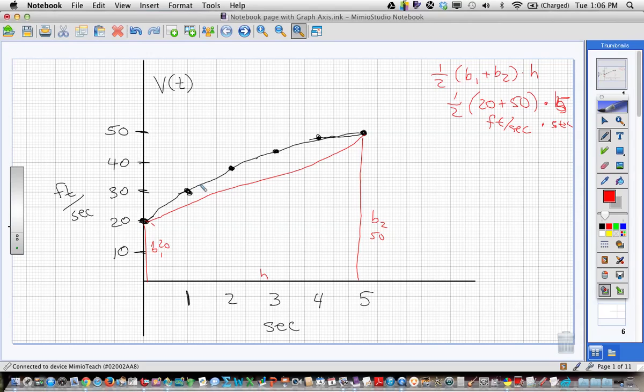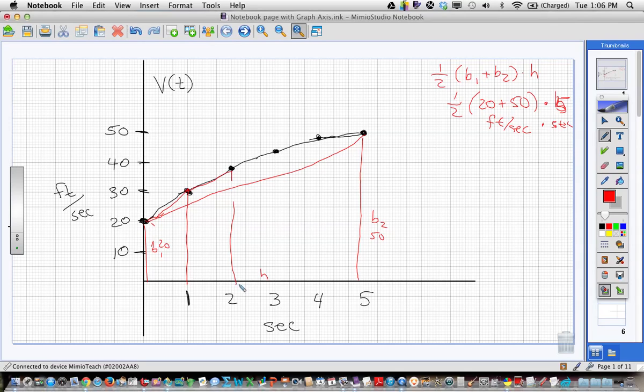Now, if this truly was a smooth acceleration and this was curved, then what about Keaton's idea? Smaller trapezoids. All he did was break it up into smaller trapezoids, but still assuming that between here it was linear, right? So what do you think about the 195 answer?